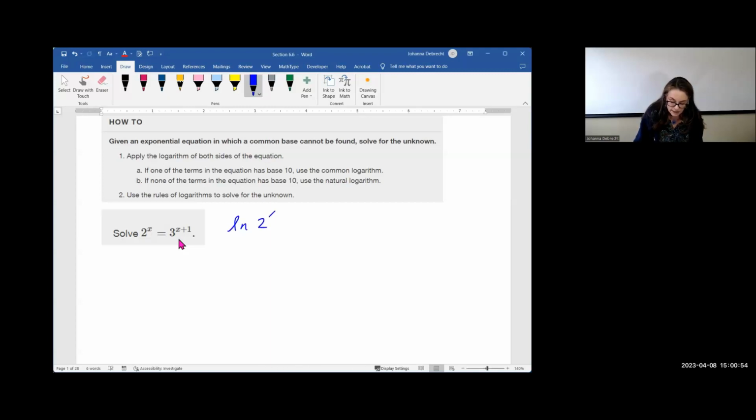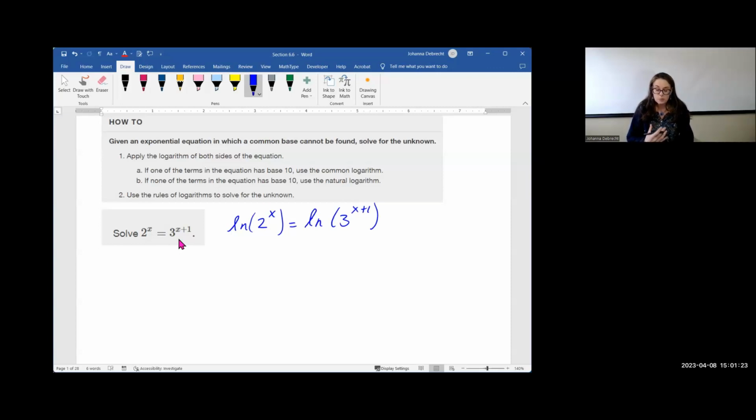So we're taking the 2 to the x and applying a natural log operation to it, and then we do the same thing on the right side. Now we have two natural logs equal to one another. The natural log, like the exponential, is a one-to-one function, so as long as I apply it on both sides, I haven't changed the solution.